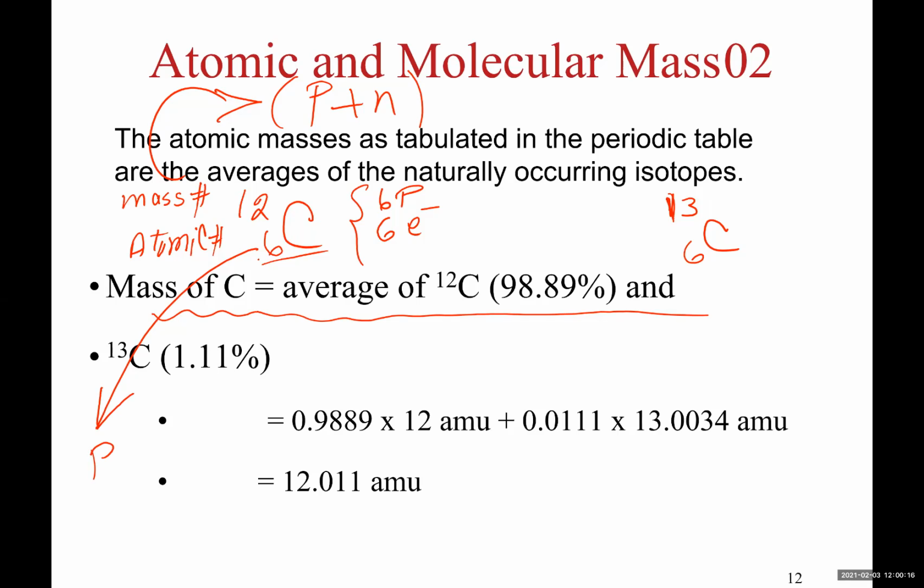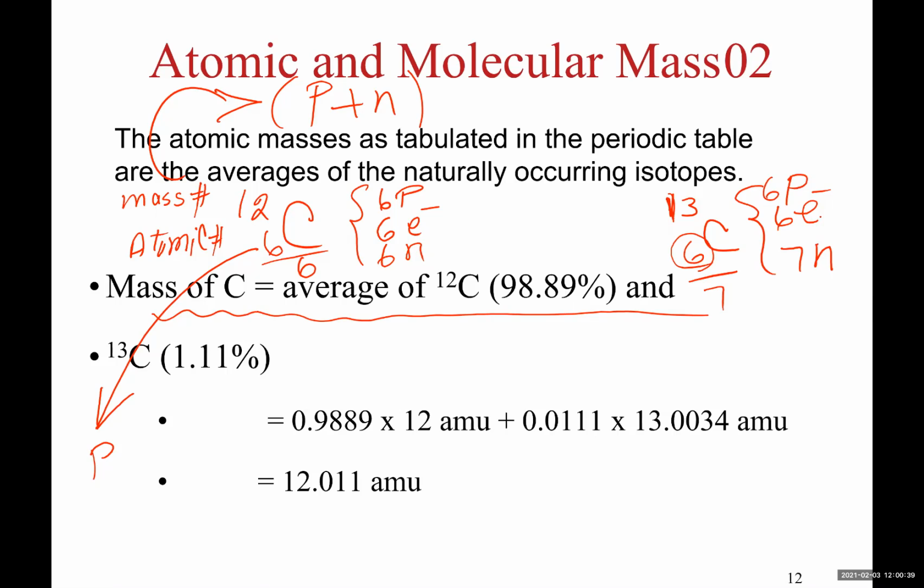So if I subtract 6 from 12, I get 6. This is the number of neutrons in this case. For carbon-13, atomic number 6, 6 protons, same number of electrons. How many neutrons? 13 minus 6 gives you 7 neutrons.